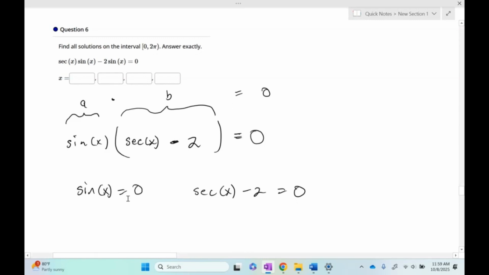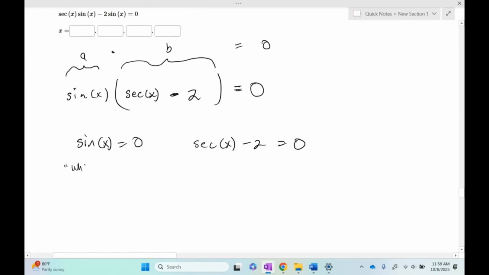If I look at the first one, the sine of x is equal to 0. Well, my trig function is already isolated, right? So I don't have to manipulate it any. It's already on one side. So I can simply, from this point, interpret it, right?